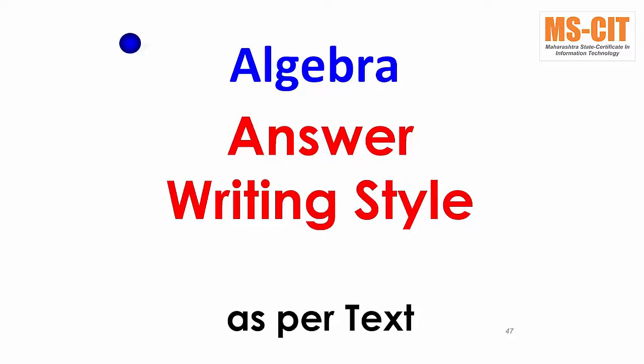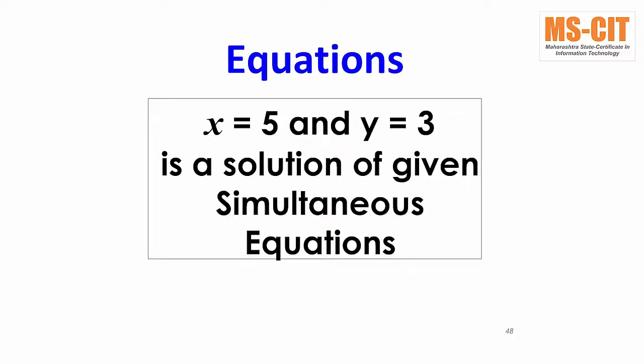In case of maths, in all chapters you must write the final answer as given in the text. For example, in the simultaneous equation chapter, if suppose your answer is x equal to 5 and y is equal to 3, then you must write the final answer as x equal to 5 and y is equal to 3 is a solution of the given simultaneous equations.